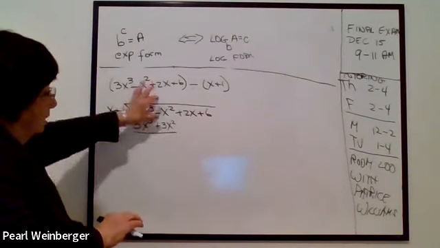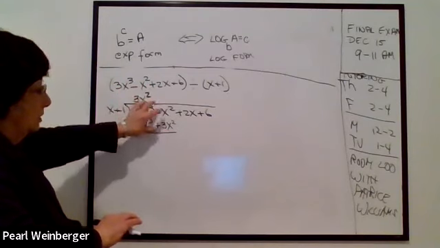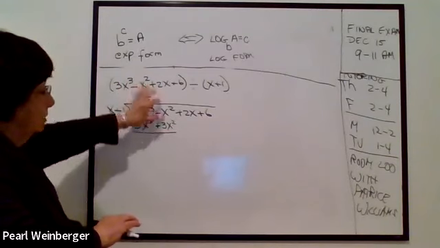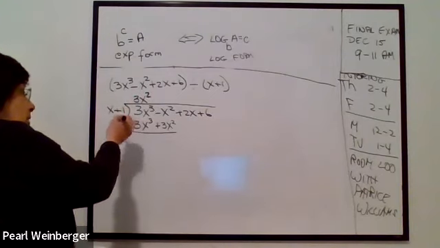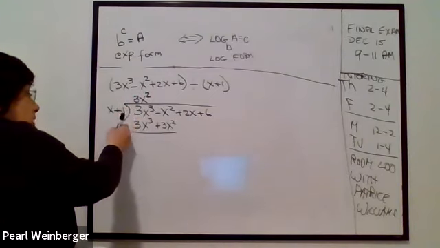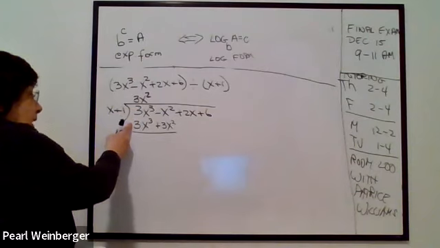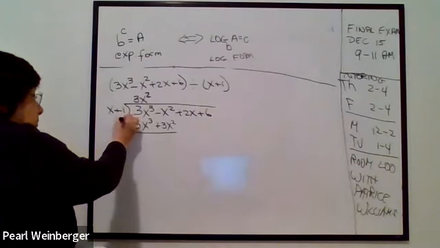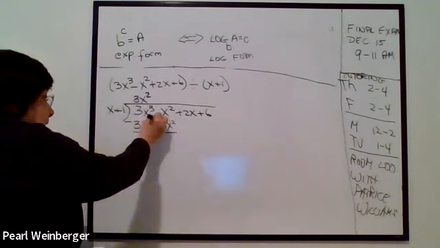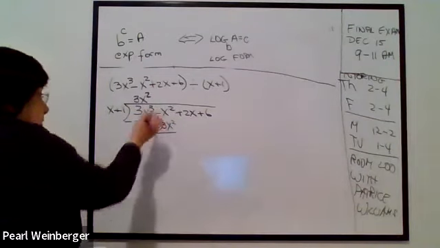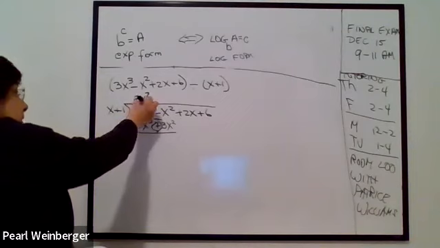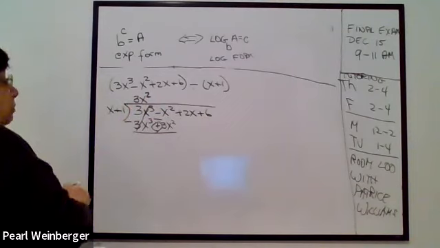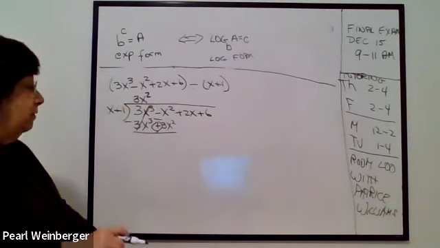After you've done that, the next thing you have to do is subtract. And you'll see that things have been lined up because if we did the setup right, everything's going to line up. And don't forget, when you're subtracting, you're going to be changing the signs. Now, this is a positive 3x cubed, so it's going to become a negative. And this positive is also going to become a negative. So the 3x cubed cancels out.